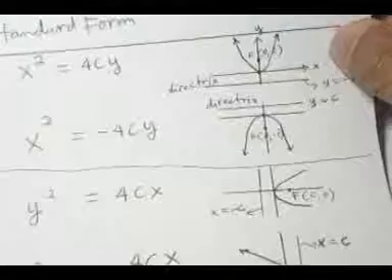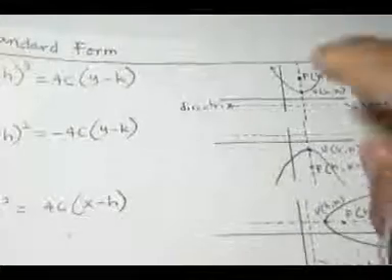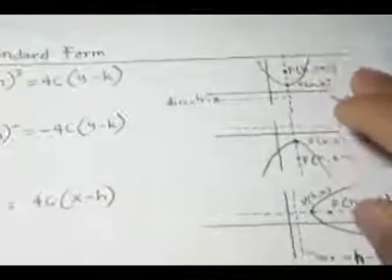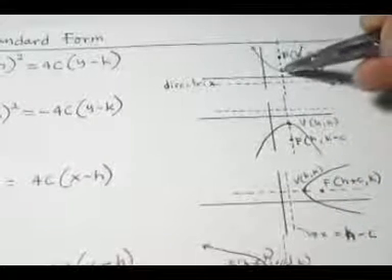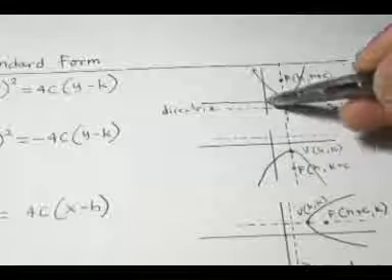Okay. Now suppose the parabola no longer has its vertex at the origin, then we will transpose the axis. So here is the graph of a parabola wherein its vertex is no longer at the origin.